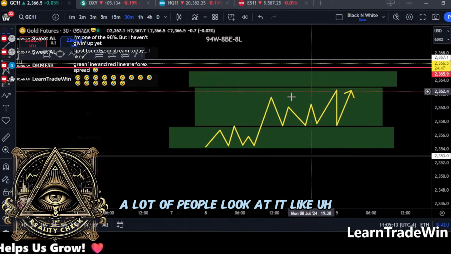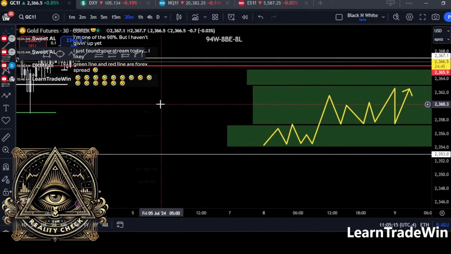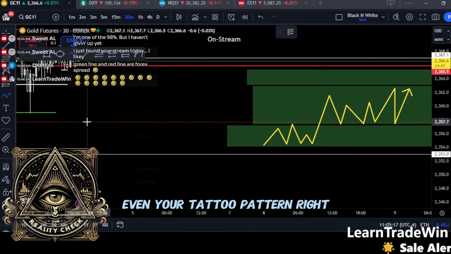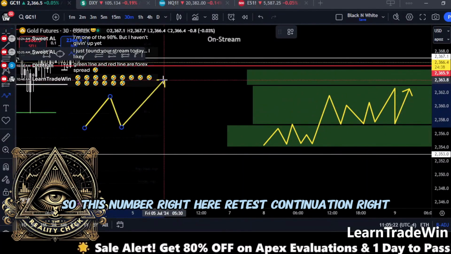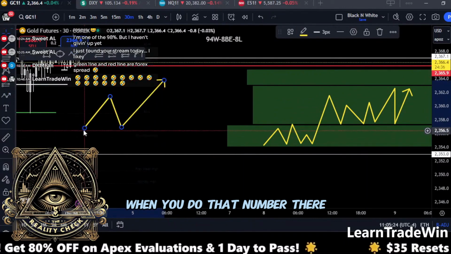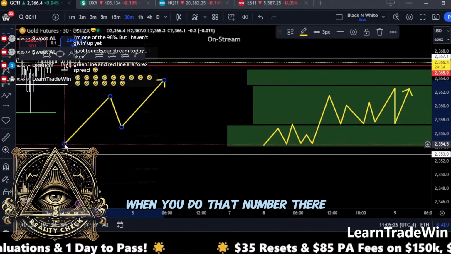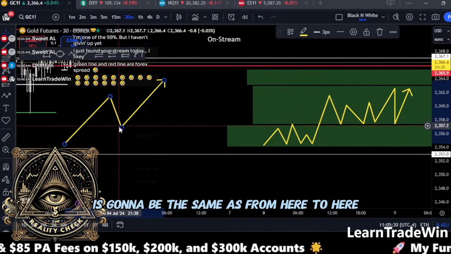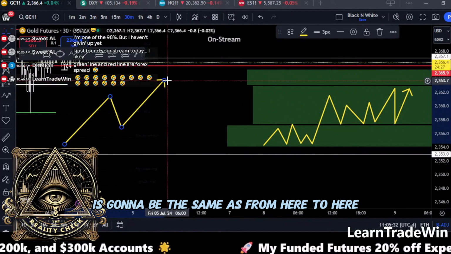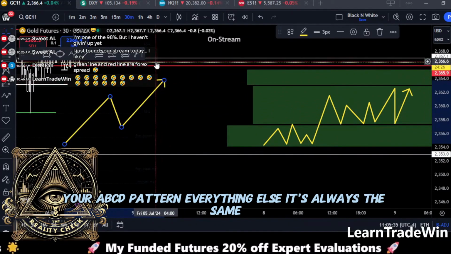A lot of people look at it like even your tattoo pattern, right? So this number right here, retest, continuation, right? When you do that number there, people will even go as far as to say measuring from here to here is going to be the same as from here to here. You know, your ABCD pattern.